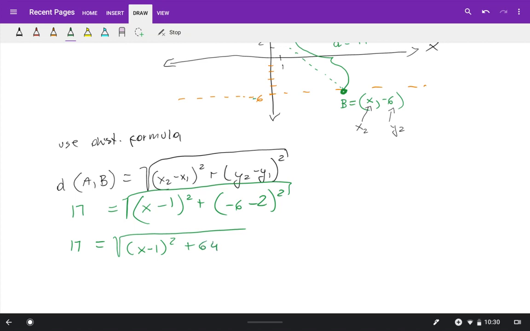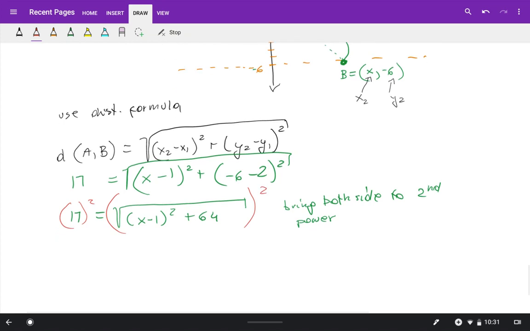So you need to solve for x. To be able to solve it, bring both sides to the second power, because you don't want to have that radical. So we're going to bring both sides to a second power, 17 squared, and the entire expression on the right side.